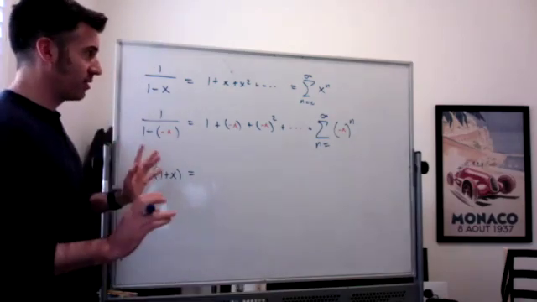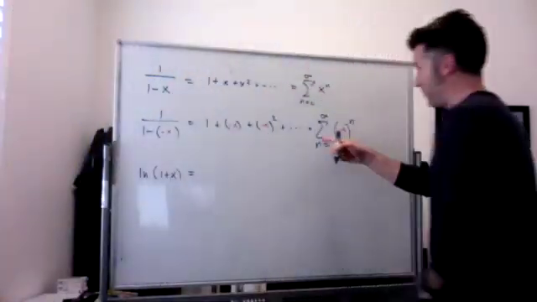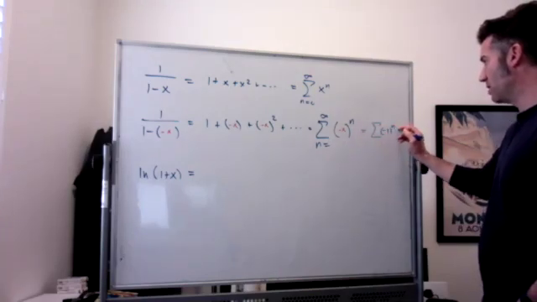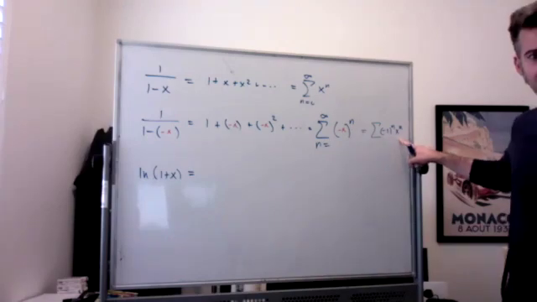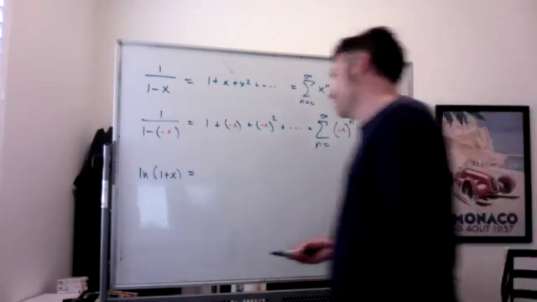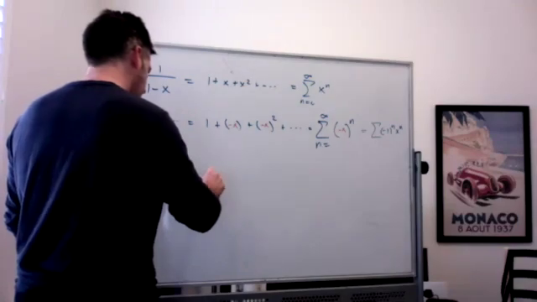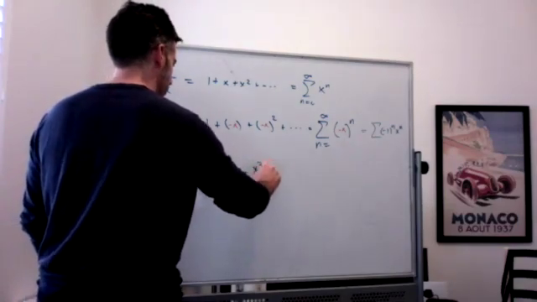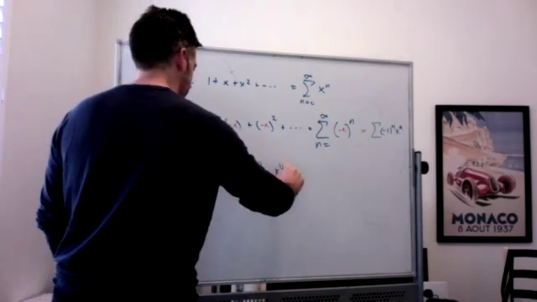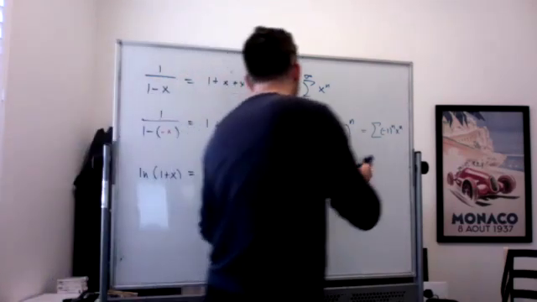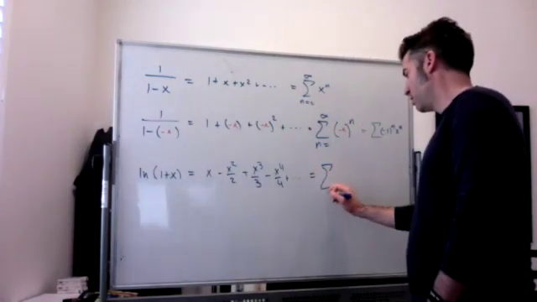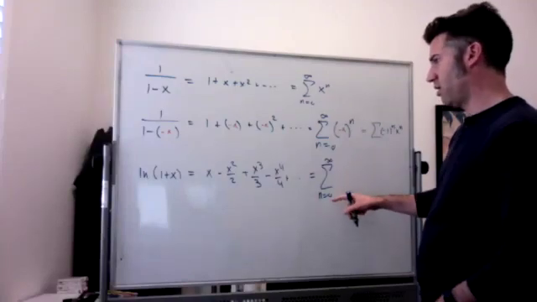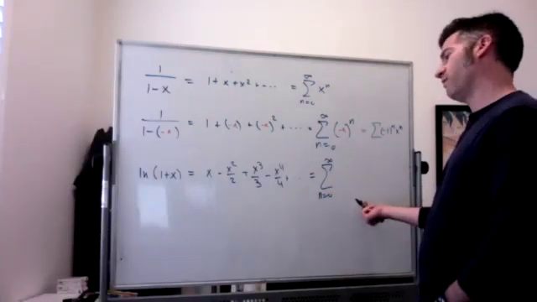If I actually write this one out specifically, it's negative 1 to the n times x to the n. If I integrate x to the n, I get x to the n plus 1 over n plus 1. So this ends up looking like x minus x squared over 2 plus x cubed over 3, which is just the sum from n equals 0 to infinity of, am I forgetting a term?